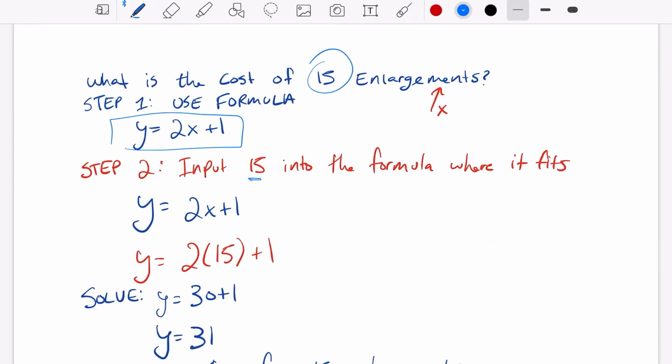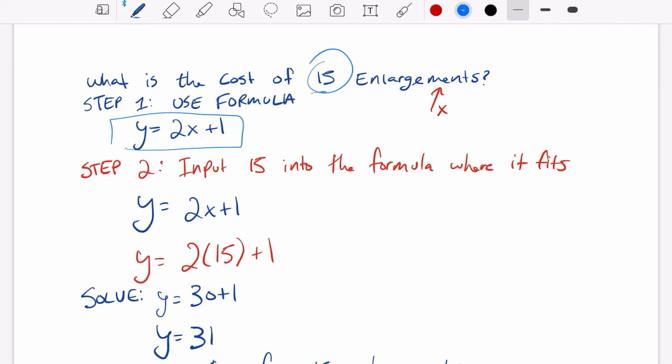So I went 2 times 15 plus 1, and I just threw this number right into my formula, and then you do the math. 2 times 15 is 30, 30 plus 1 is 31, and that's your answer. So that's how you input information into your formula. But you have to build your formula first, and then you can do that.